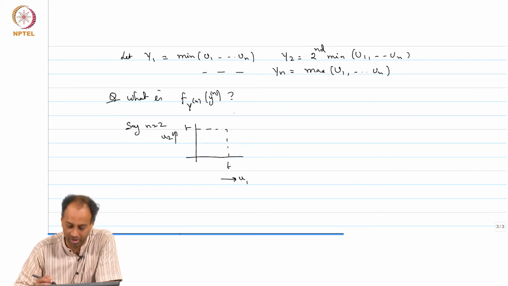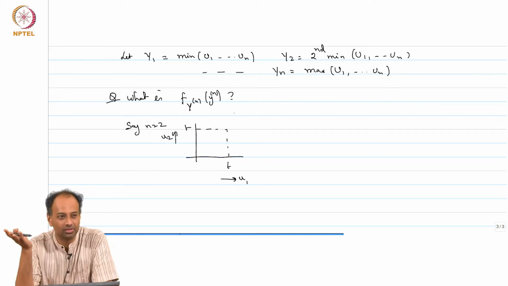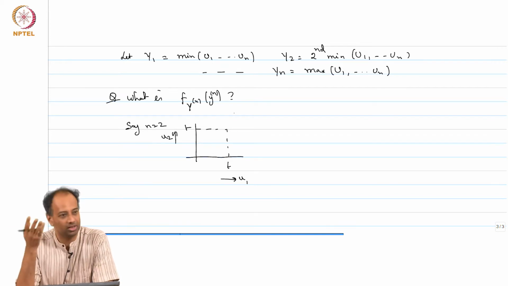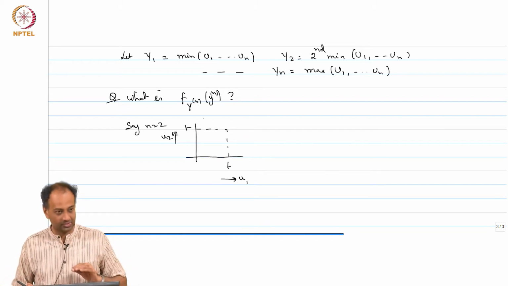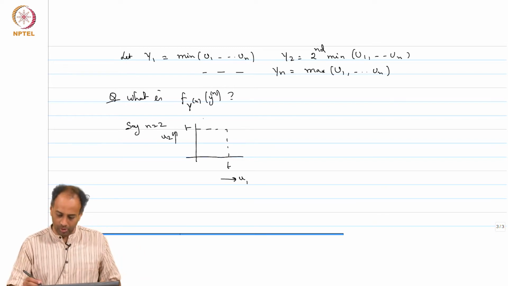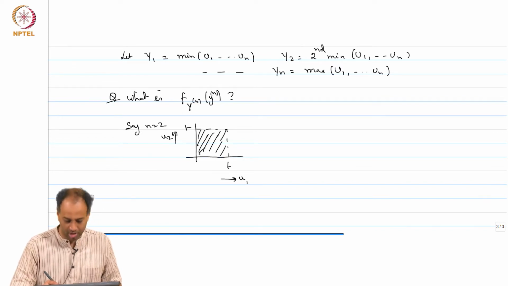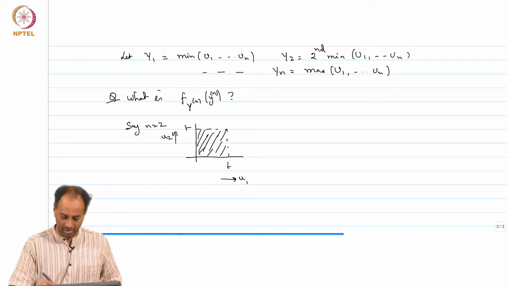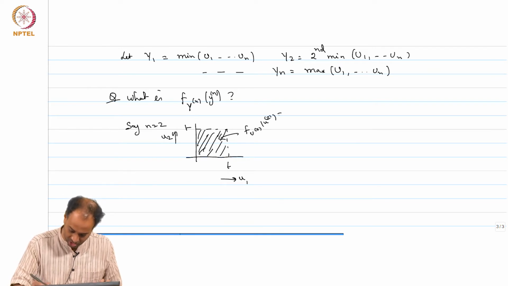So, the joint density of u1 and u2 will be 1 over t squared, it is like coming out of the surface, it is constant 1 over t squared, correct. Now, you can see that in this region the joint density is constant equal to 1 by t squared, right.